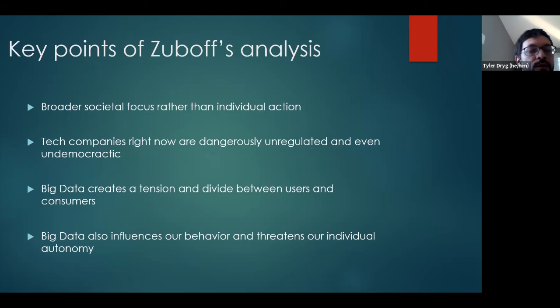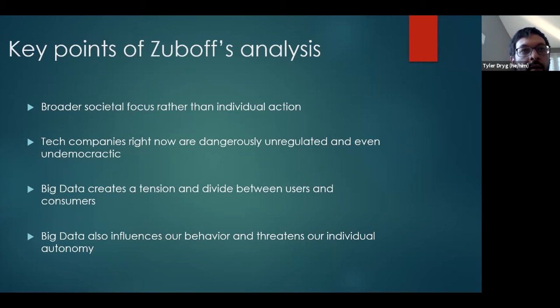So thinking back a few years ago with Cambridge Analytica and the whole thing with misinformation on Facebook in the 2016 election, that's a really good example of the kind of things that Zuboff is concerned about. And so these are obviously big issues.